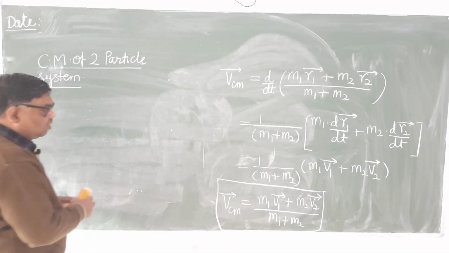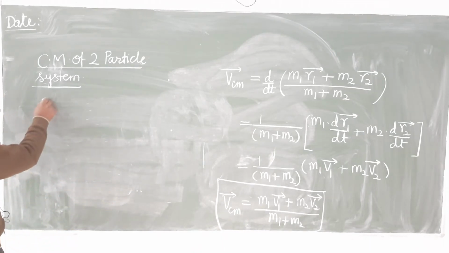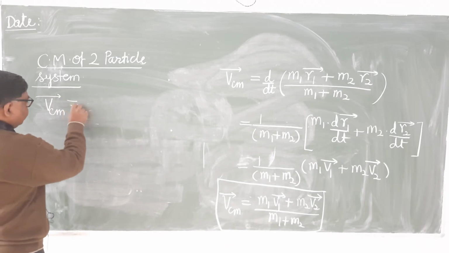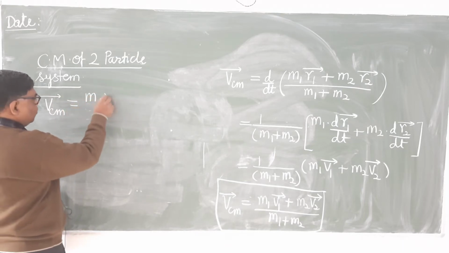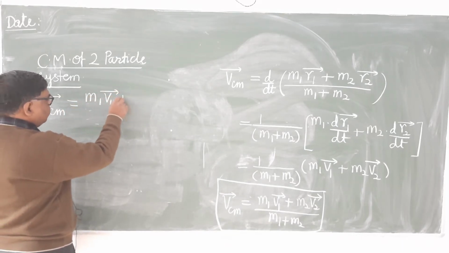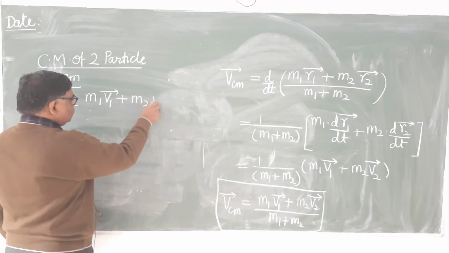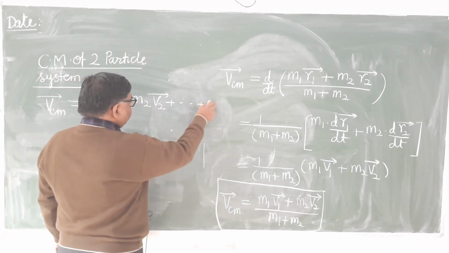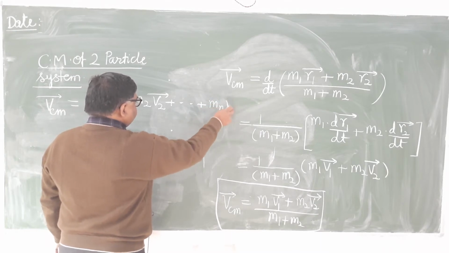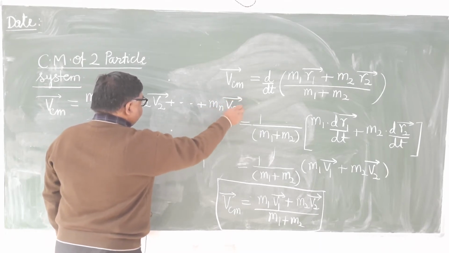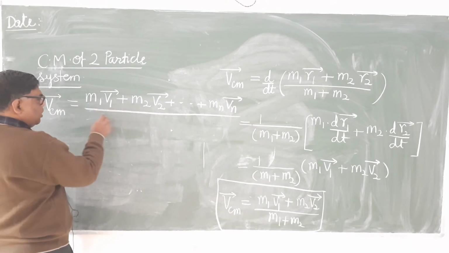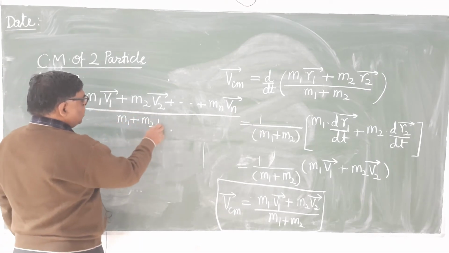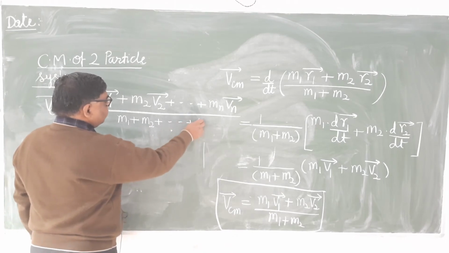So see here, if you write the center of mass velocity of an n particle system, it will be m1 v1 plus m2 v2 plus and so on mn vn, divided by m1 plus m2 plus and so on plus mn.